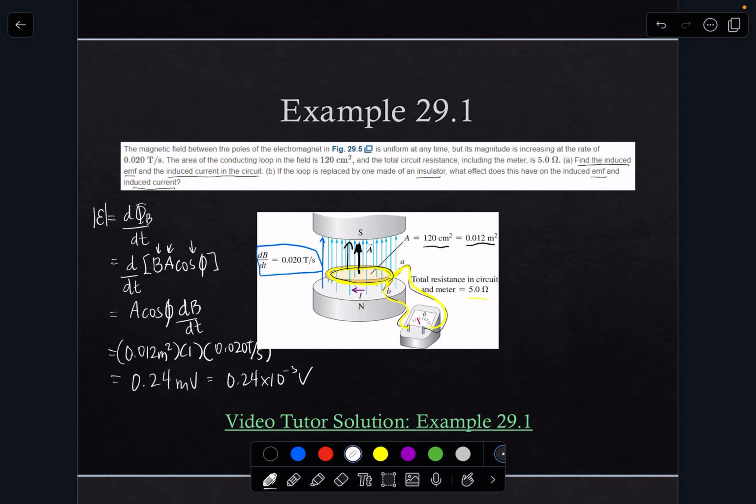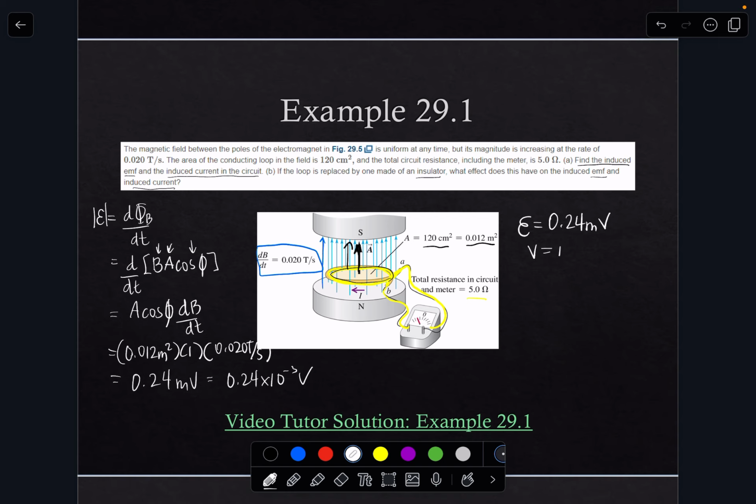And the second part of Part A is what's the induced current in the situation? Well, if the EMF is a voltage, then we know the resistance that the circuit has. We can find the induced current, right? The EMF is 0.24 millivolts.